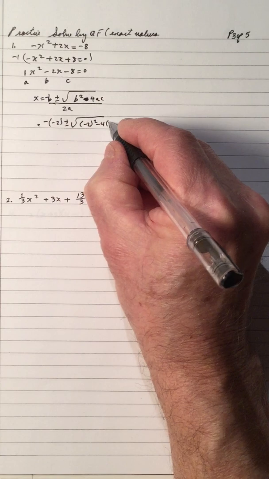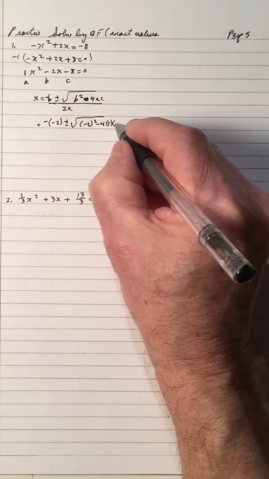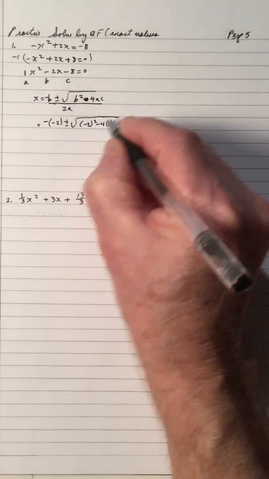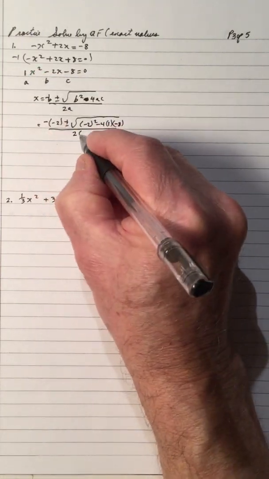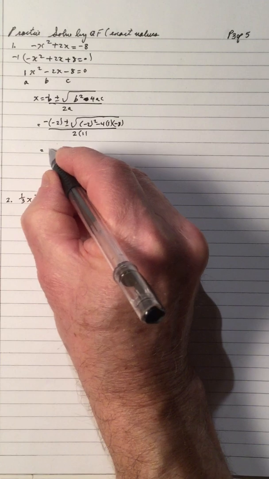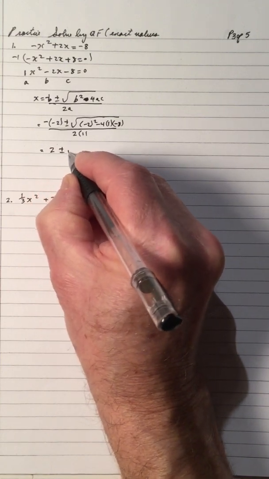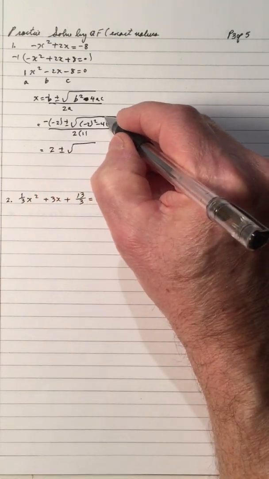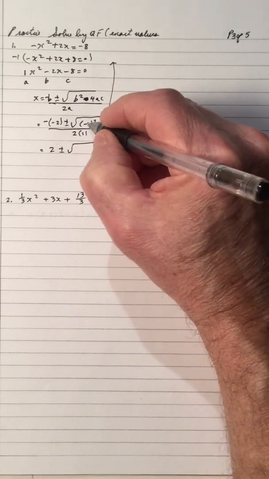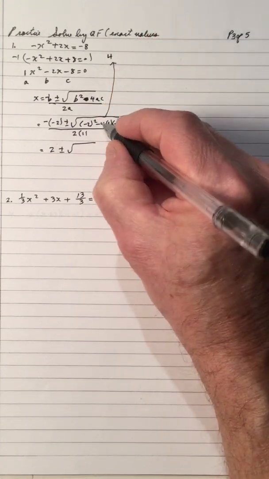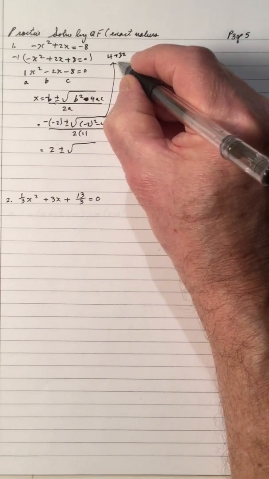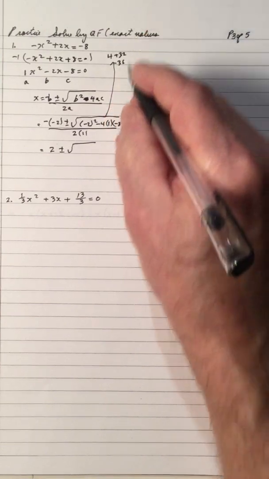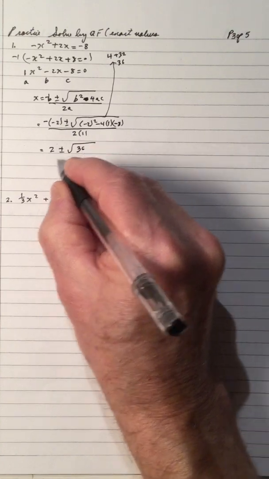A is 1 and c is negative 8, all over 2 times a. A is 1. And that's a 2 plus or minus. Again, if you want to work this out up here, you square first to get a 4. Then you multiply to get positive 32, which gives you 36. So that's a 36.